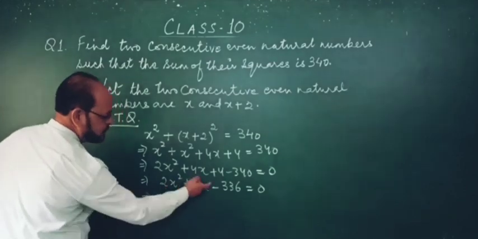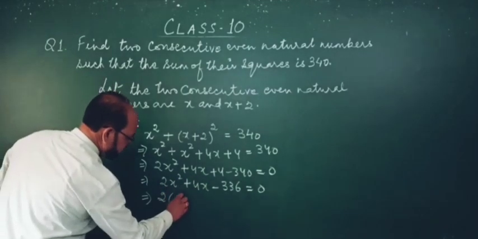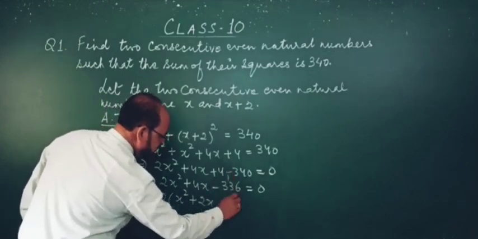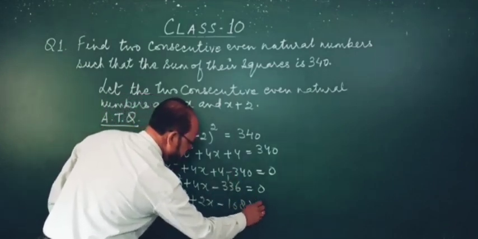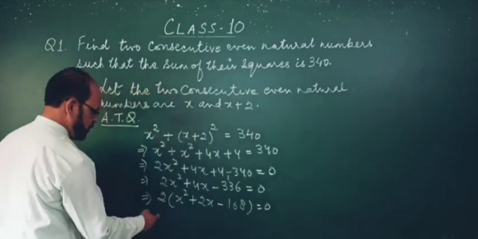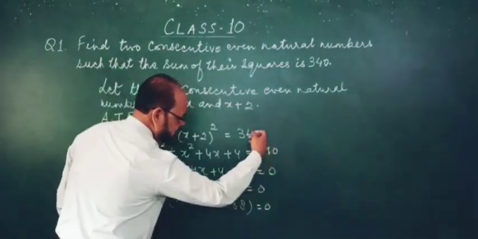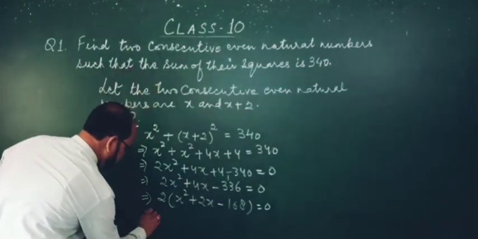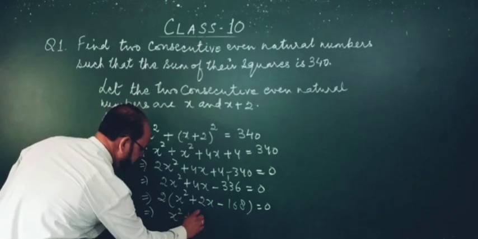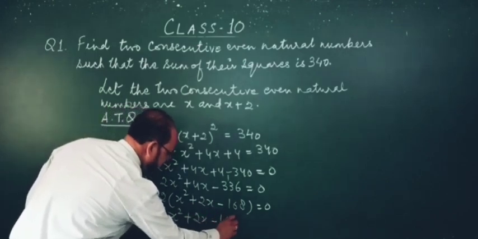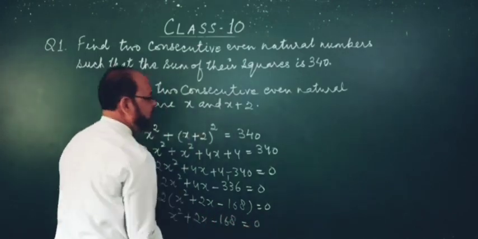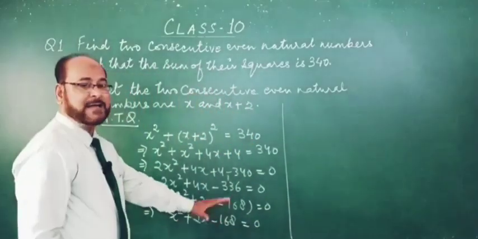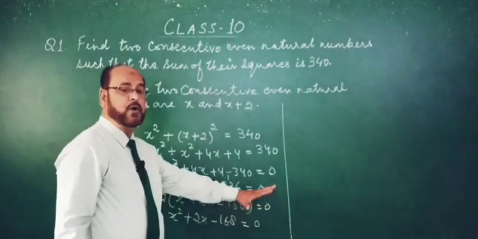You can see that 2 is common here. We will take 2 common. So it will be x square plus 2x minus 168 equals 0. The 2 is multiplied here, so it will go down the other side, and 2 divided into 0 gives 0 only. So it is x square plus 2x minus 168 equals 0.